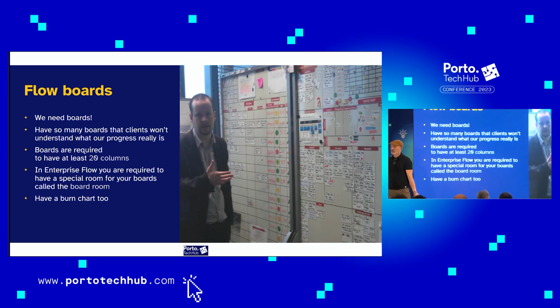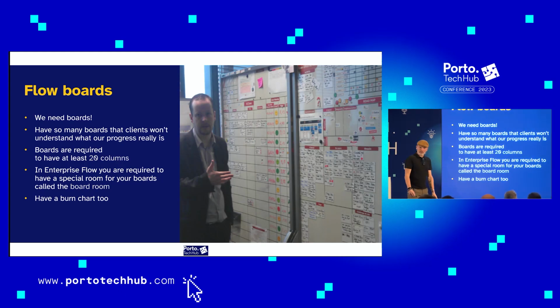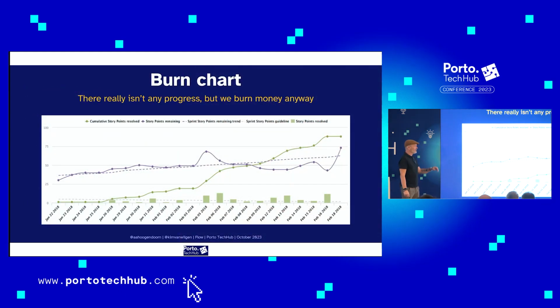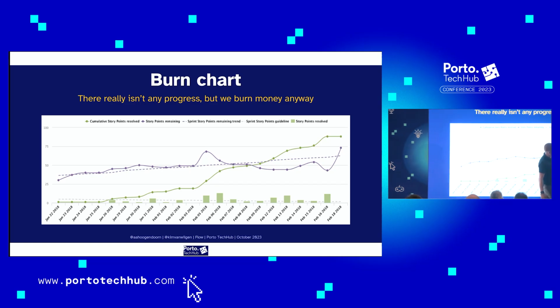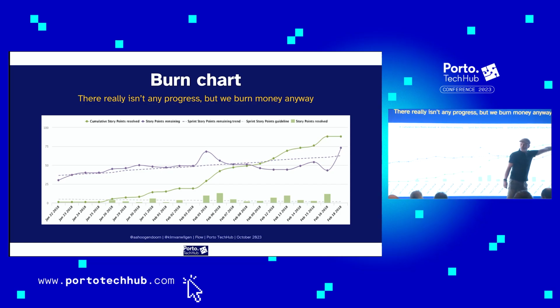It does, right? And then, well, apparently you need a burn chart. I'll show you what a burn chart is. I showed you the burn down chart earlier, right? So now we have the burn chart. Because this is the one we have in Flow. This is a chart coming out of a project we actually did together. And we worked quite hard with the team, right? So we still did story points. I don't do story points. So we figured out how to do all these story points, and we did a lot of work, actually.